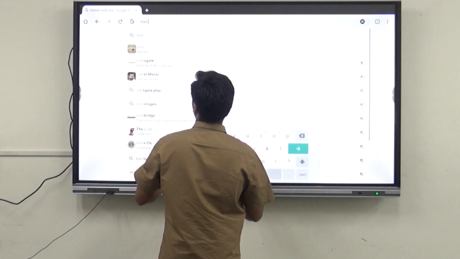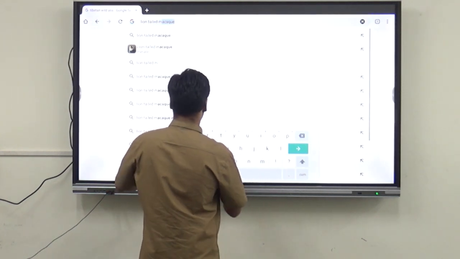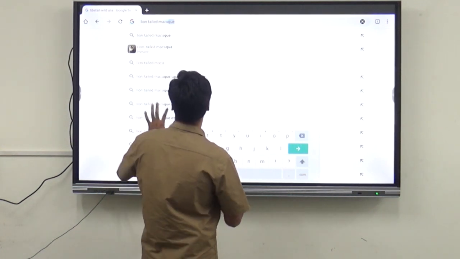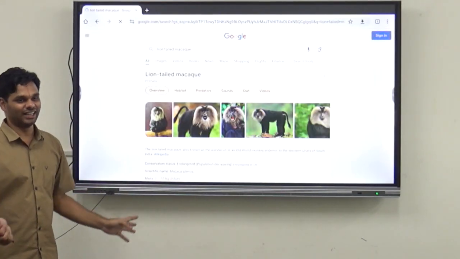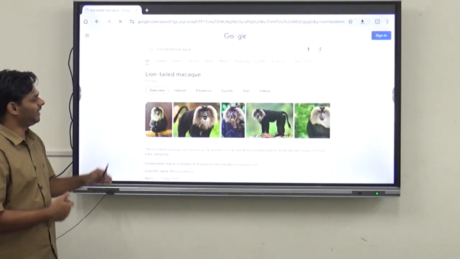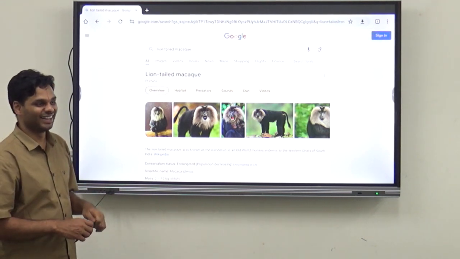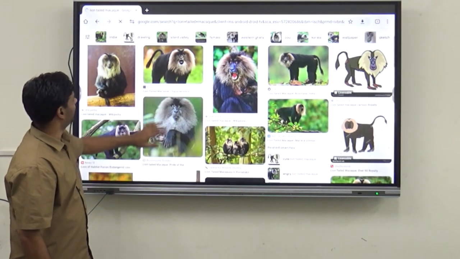Is it lion-tailed or lion-faced? So the tail should be like a lion, no? Then why is the face like a lion? Face is also like a lion. Then it should be named lion-faced macaque, no?